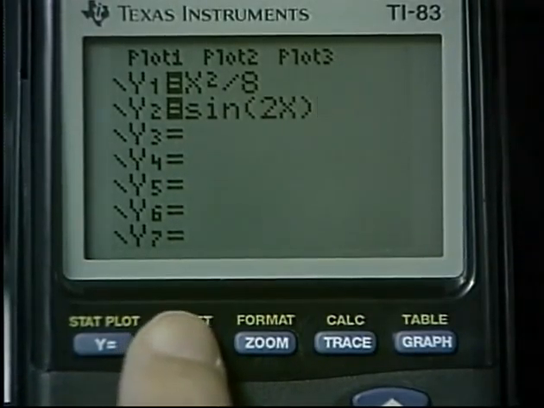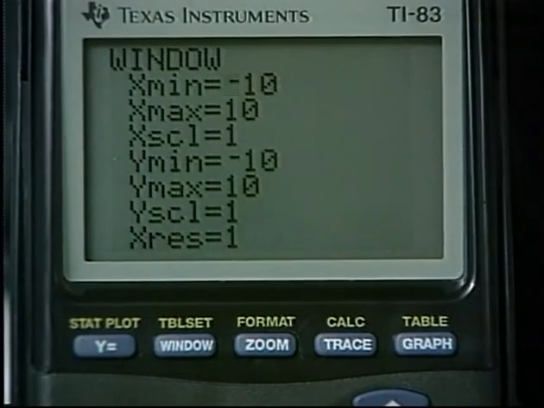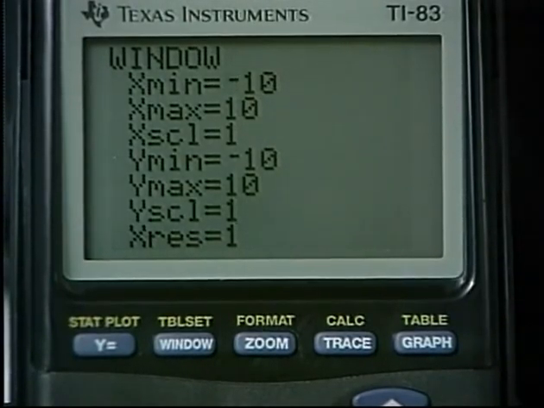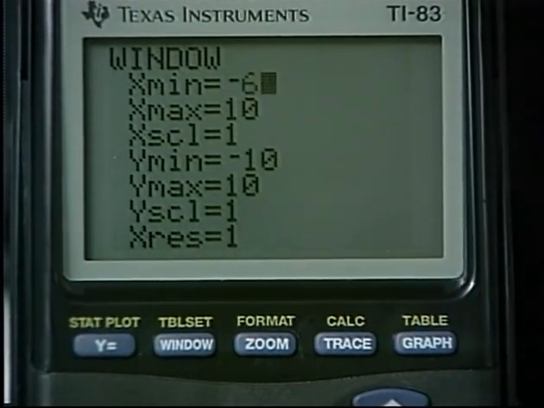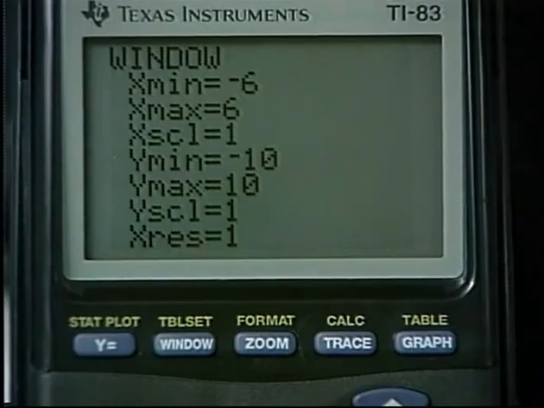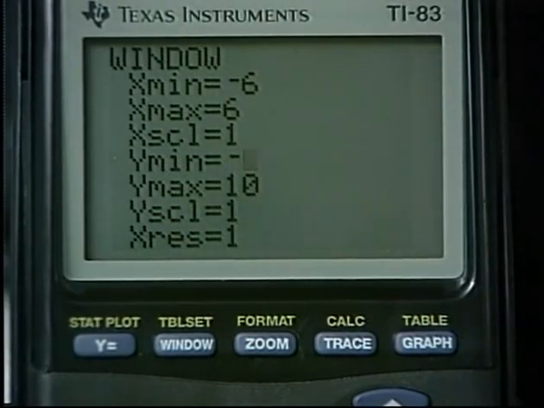Now, let's change our window settings a little bit. I've looked at this before, so I know that something like an x of -6 for the minimum and 6 for the max will look a little better, and we'll change the y to a y min of -1 and a y max of 5.